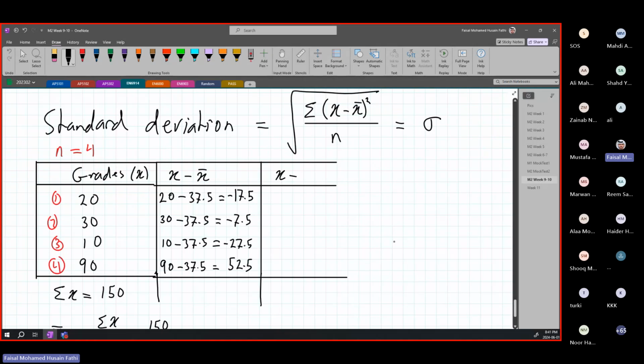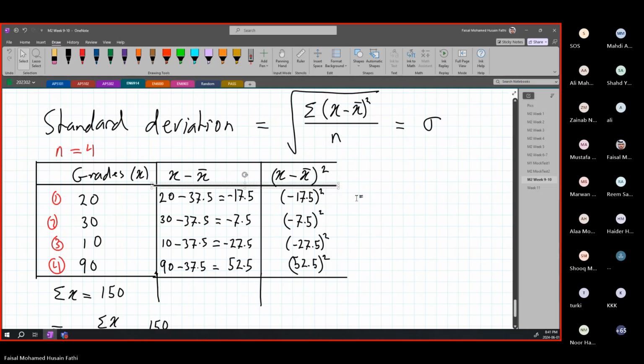Before summing them up, we need to square all these numbers. So now we need to do x minus x bar all squared. Why? Because here the summation is actually of the square, not of just x minus x bar. So we are going to do negative 17.5 squared, negative 7.5 squared, negative 27.5 squared, and 52.5 squared.